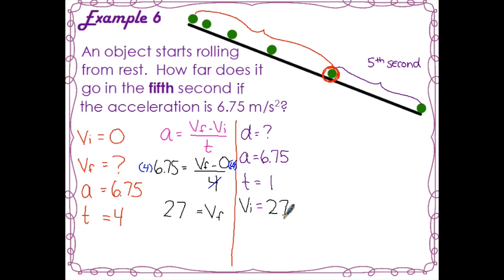So now I pick an equation and solve for the distance. V final for that was V initial for this. Looks like I'm going to use the D equation. Not because I'm looking for D, but because that's the equation that has these 4 things in it.